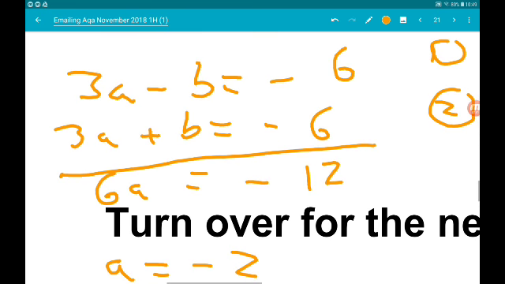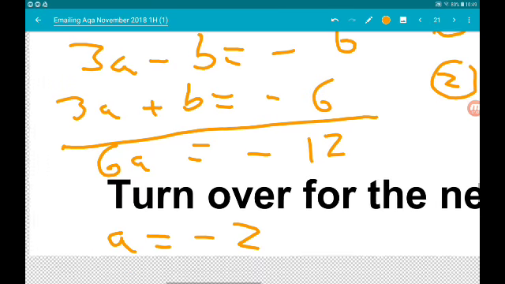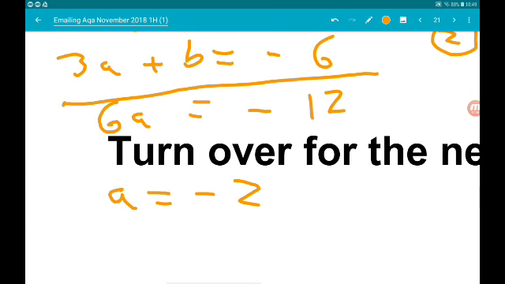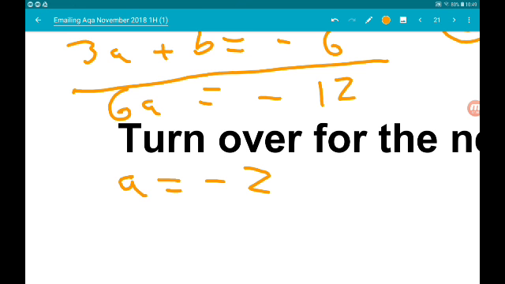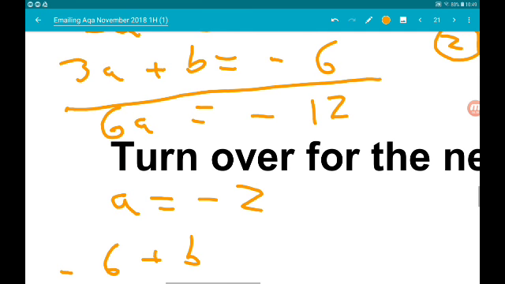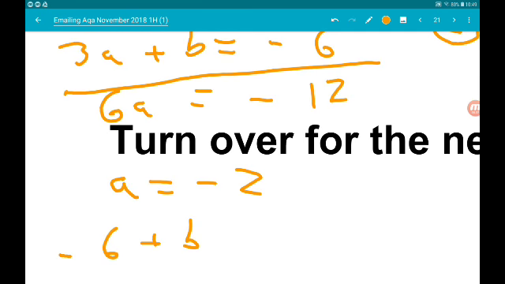Now we can use that to work out b. So if a is minus 2, let's use equation 2. 3 times minus 2 is minus 6. So minus 6 and b is equal to minus 6.